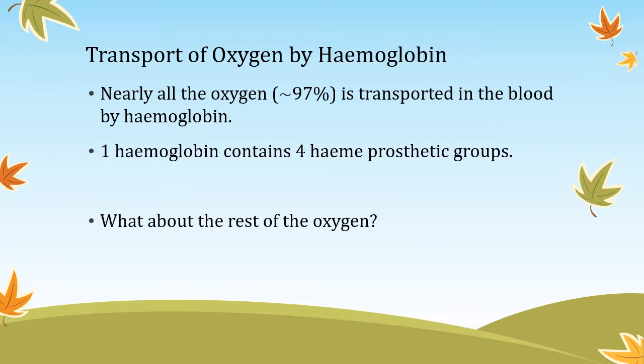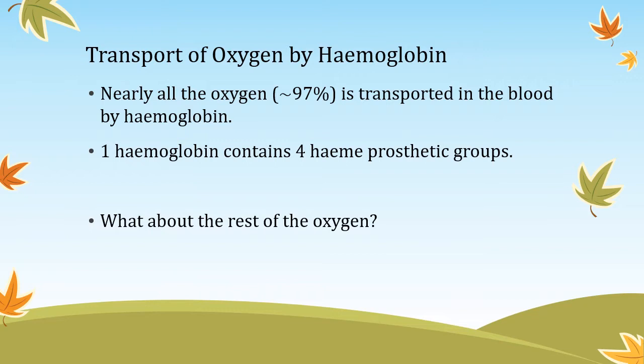Here I've put up a question: what about the rest of the oxygen? How is it transported? It is dissolved in the plasma. About 3%, a very little amount of oxygen, is transported this way. Oxygen gas can get dissolved in fluid, and we have the fluid part of the blood, plasma.